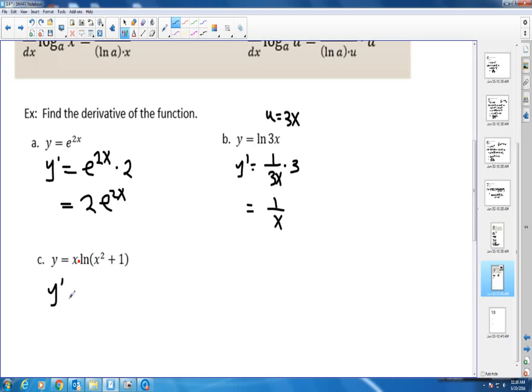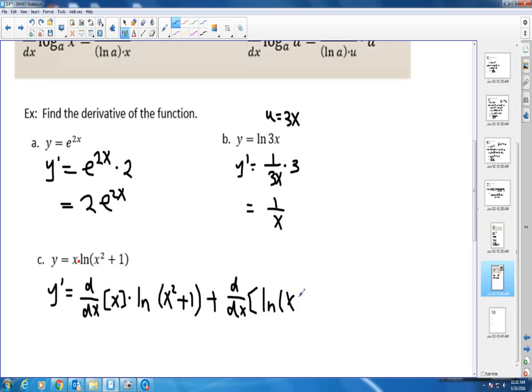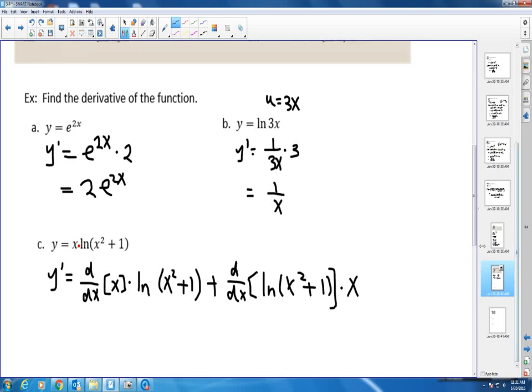So the derivative of the first, that's the derivative of x with respect to x, times the second, which is still natural log of x squared plus 1, plus the derivative of the second, which is natural log of x squared plus 1, times the first, which is just x. Okay, if I write it this way, maybe we can see a little bit better.